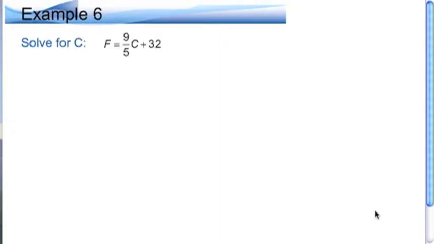The last thing we need to deal with in section 1.1 is solving formulas for a specified variable. Here, we have the formula F equals 9/5 C plus 32. We would like to solve that for C. We're going to start by subtracting 32 from both sides. And that gives us F minus 32 is equal to 9/5 C. Now I simply multiply both sides by 5/9.